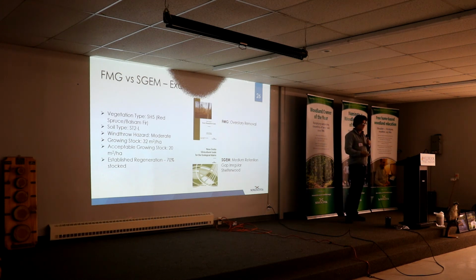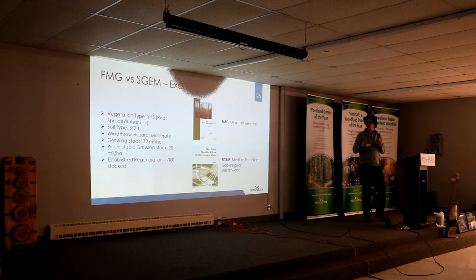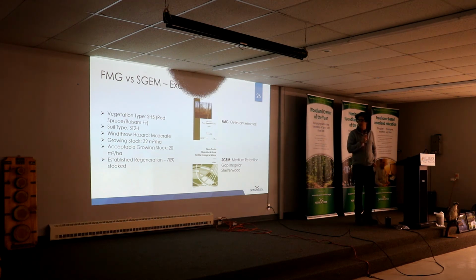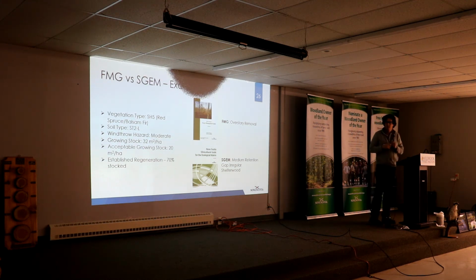And so the differences between the SGEM and the Forest Management Guide, we can see them across the board. And just one example, and it's a prominent one here, in our spruce-hemlock forest group. We would look at, in the past, in the Forest Management Guide, this type of forest with a moderate windthrow hazard, it might have been an overstory removal based on a number of things that I've listed here, but also that are in that guide that go in the decision keys.